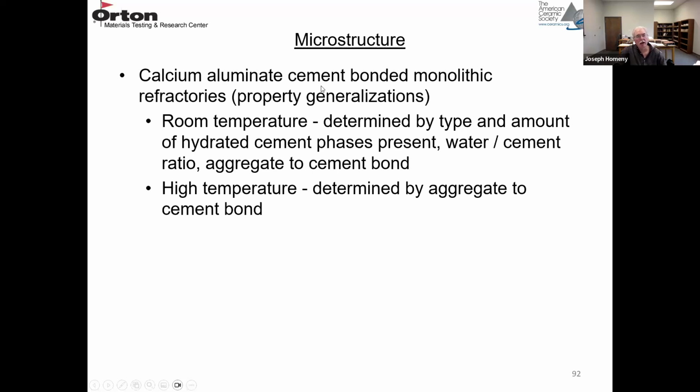So when you have a calcium aluminate cement bonded material, we can make some generalizations for the properties. At room temperature, the properties are going to be determined by the type and amount of the hydrated cement phases present, how much water was used, and the water cement ratio.